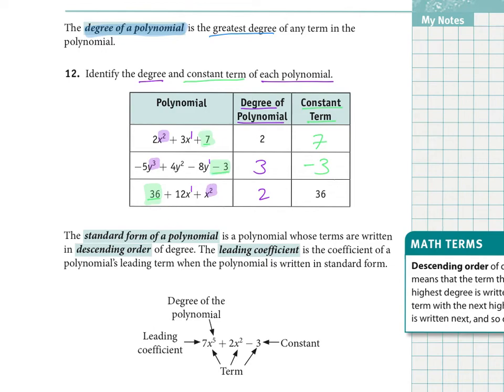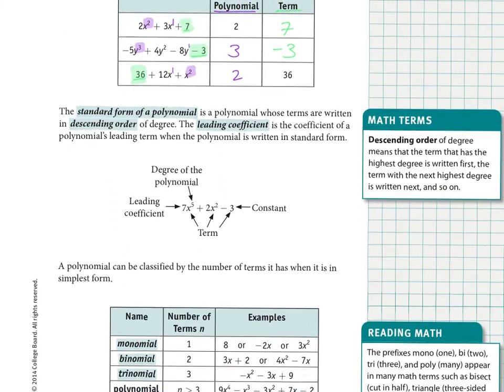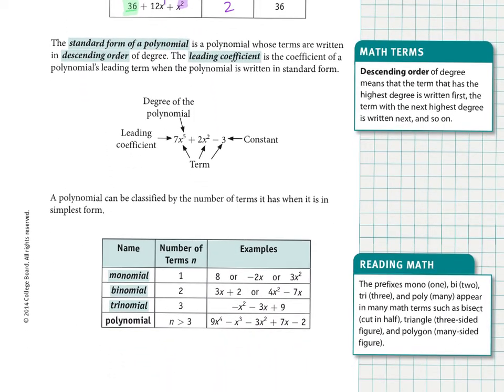So looking down below, I'm going to zoom out a little bit. Start to look down below at the standard form of a polynomial. Here, I'm going to see that the standard form of a polynomial is a polynomial whose terms are written in descending order of degree.